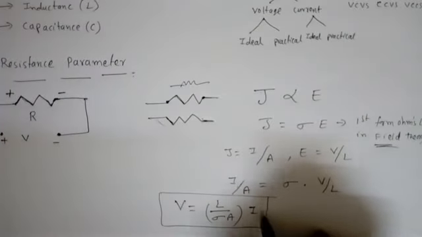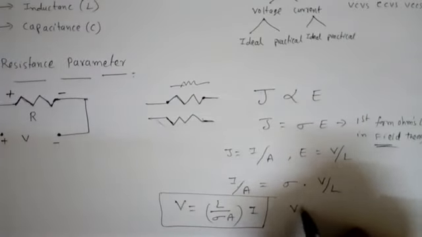If we replace L by sigma A with R, V is equal to R into I.